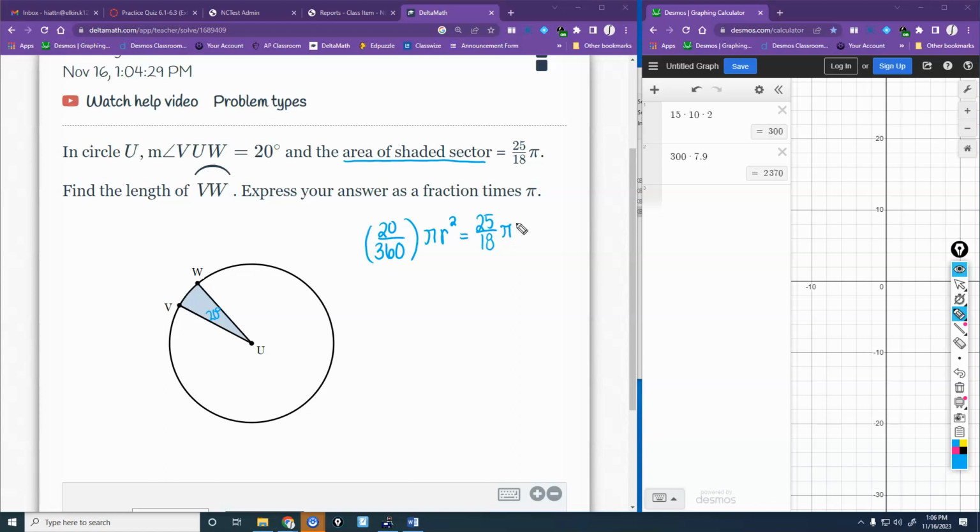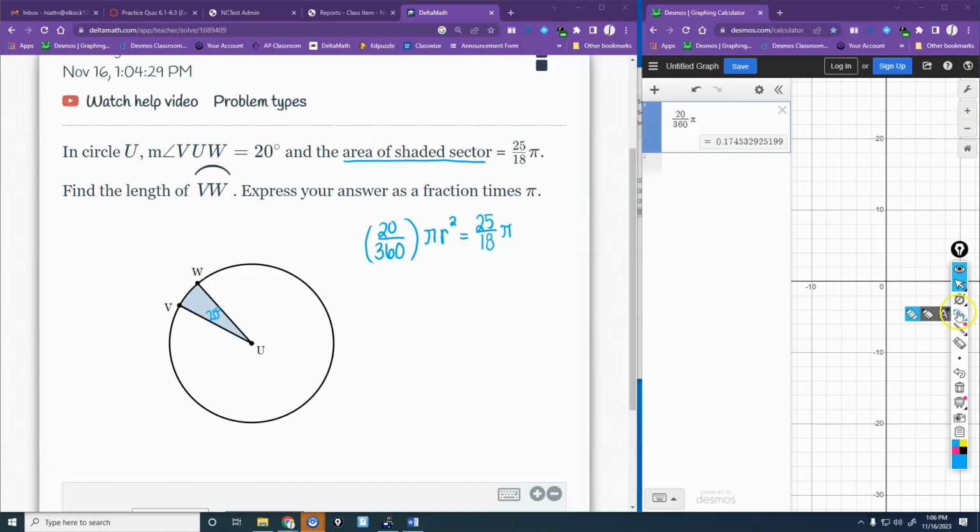If I were doing this, I would do it with fractions and pi's. I feel like most of you guys would probably rather have a decimal for that. So you can just type into your calculator or Desmos, either one. Here you can do 20 over 360 times pi.